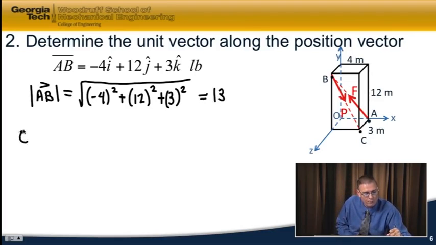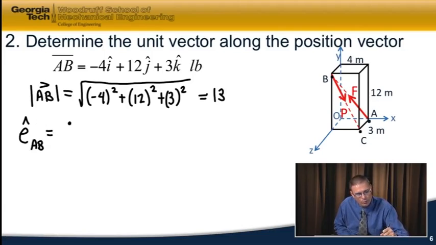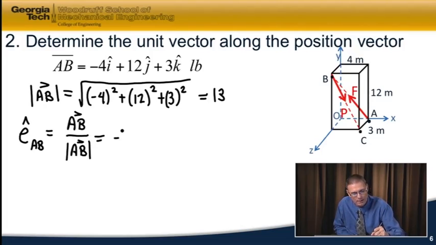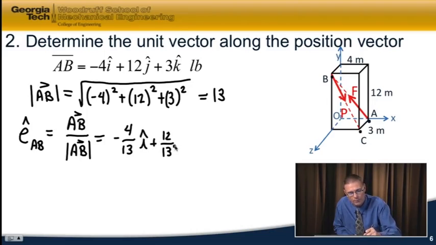And so our unit vector, which I'll represent with an E, with a vector designation above the E, so this is EAB, is equal to the position vector AB over the magnitude of the position vector AB. Or in this case, that's going to be -4 over 13 in the i direction, plus 12 over 13 in the j direction, plus 3 over 13 in the k direction.